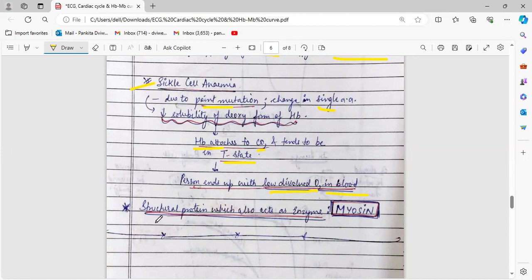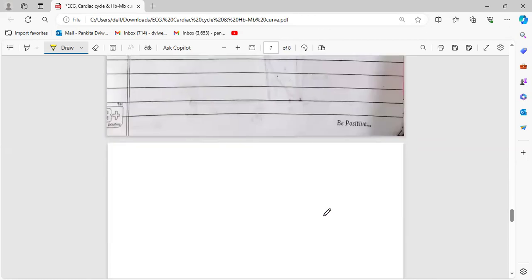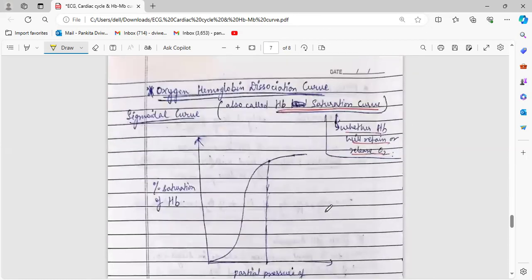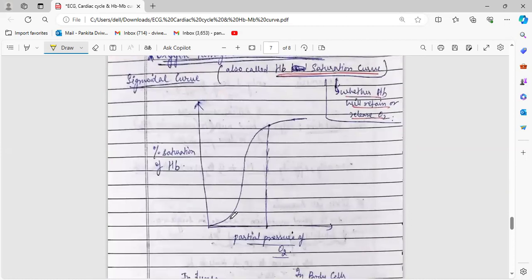One structural protein that can also act as an enzyme is myosin. This is the oxygen hemoglobin dissociation curve, also known as the hemoglobin saturation curve. It's a sigmoidal curve. The percent saturation of hemoglobin is on the y-axis, while the partial pressure of O2 is on the x-axis.